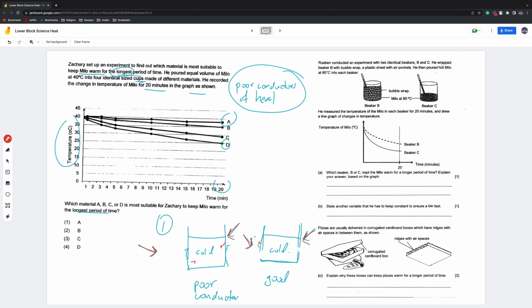So it will gain heat from the surrounding, and then transfer the heat to the cold Milo quickly. So the cold Milo will gain heat faster compared to if you use a poor conductor. So again, no matter whether you want to keep things cold or warm, you use a poor conductor.